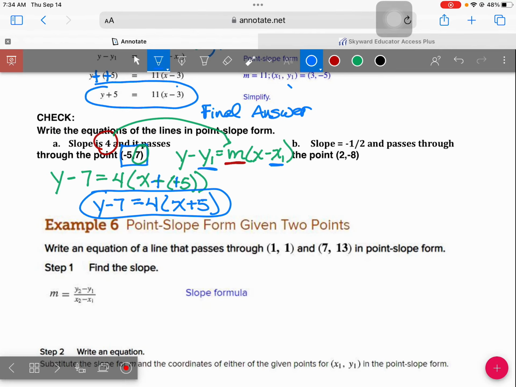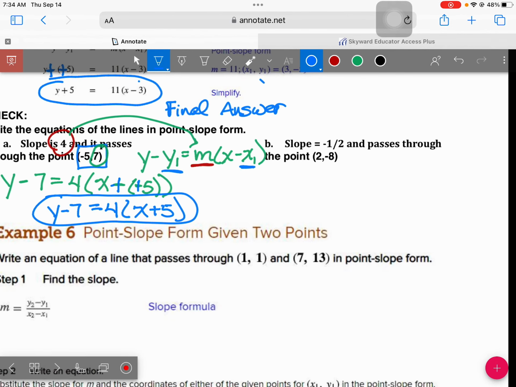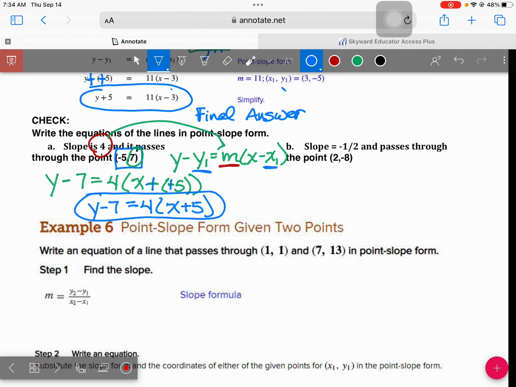So let's go to B. Here we have a slope of negative 1/2. It passes through the point 2, negative 8. Slope negative 1/2 passing through 2, negative 8. So we have y, because the first y stays the same, minus my y sub 1 is negative 8.